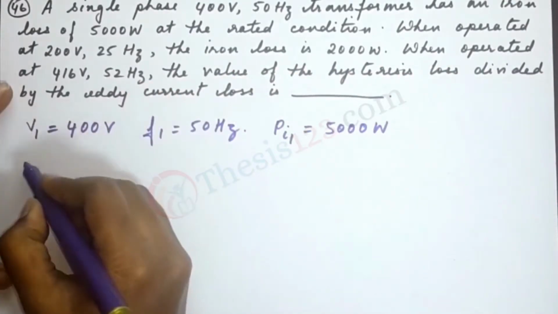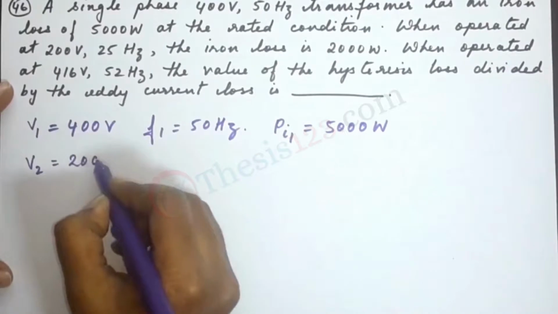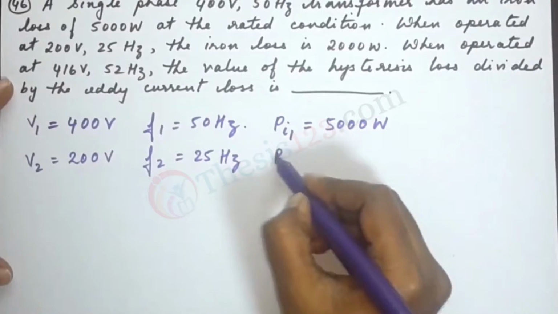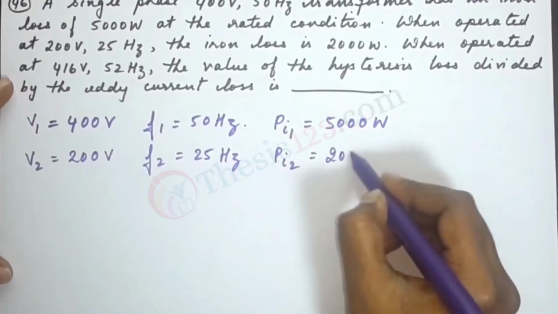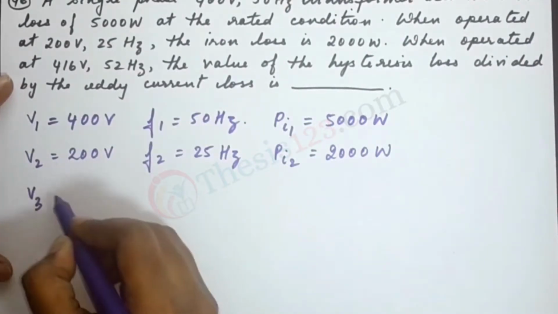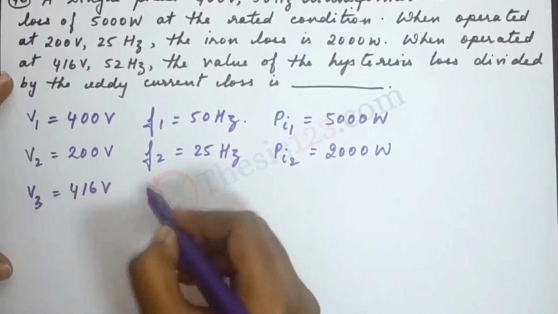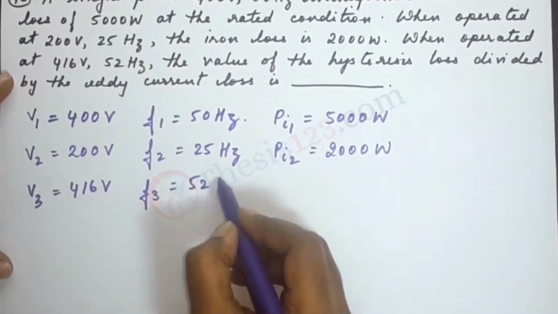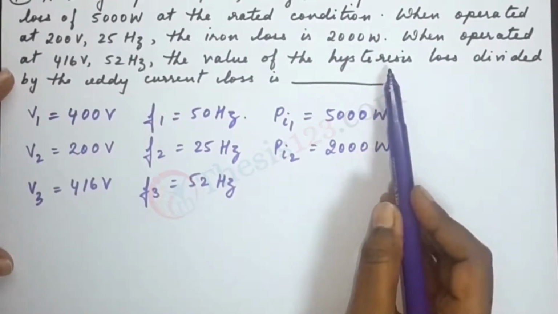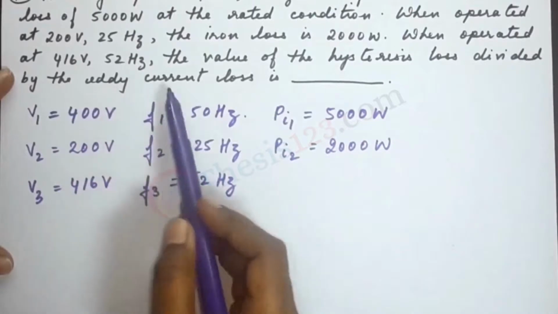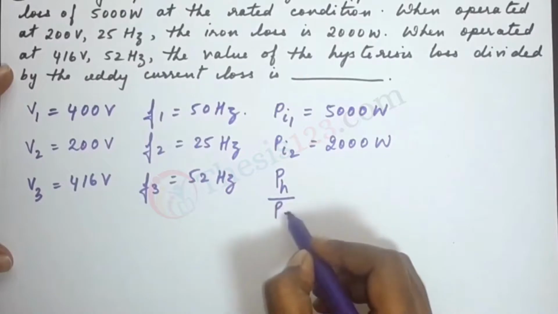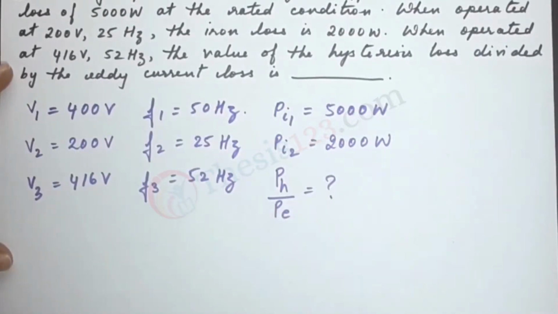When operated at 200 volts, let's call this V2, 200 volts, F2 is 25 Hz, and PI2 is 2000 watts. Now the final case is given to us as V3, 416 volts, F3 is 52 Hz, and we need to find out the ratio of hysteresis loss to eddy current loss. So that would be PH divided by PE. This is what we need to find.